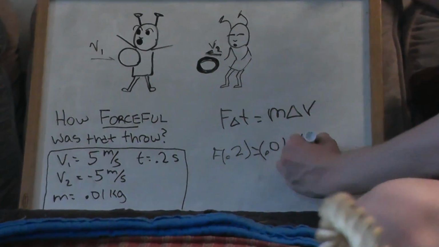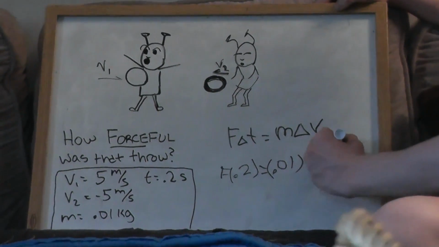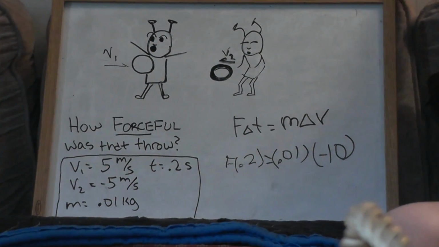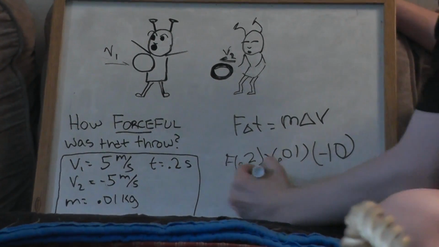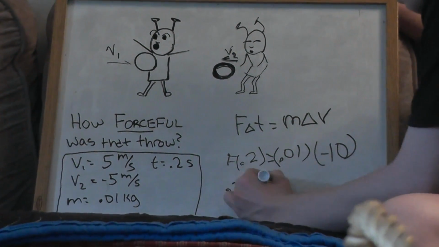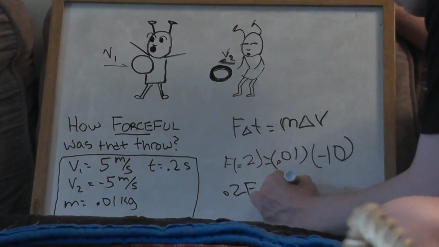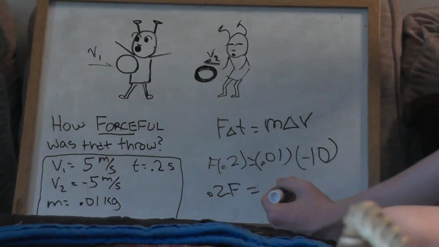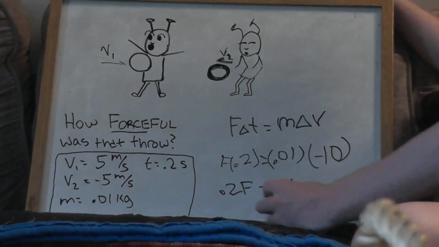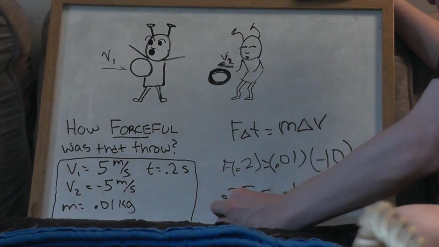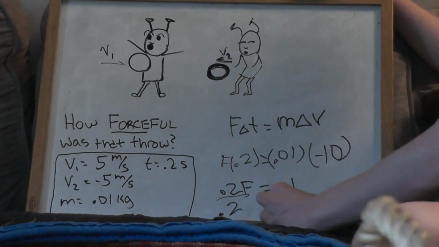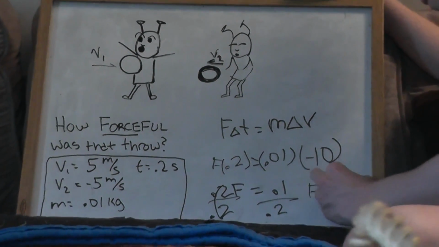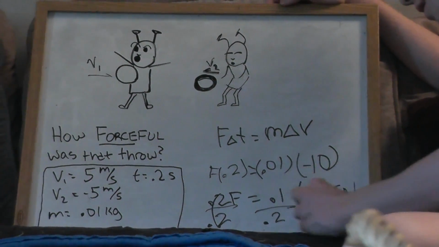So you get 0.2F equals 0.1. Now, using our good old algebra, you could divide by 0.2 on both sides, and the force equals 0.5 newtons.